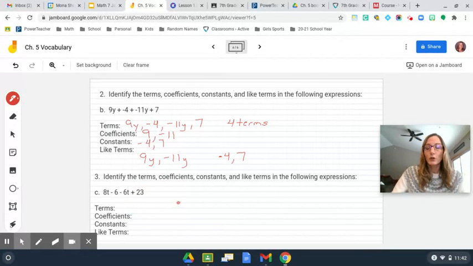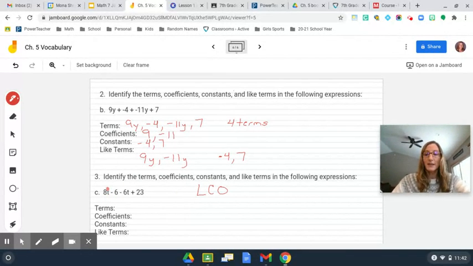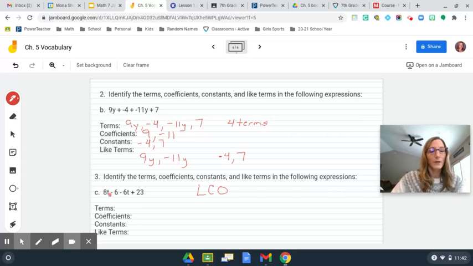You remember with your integer rules that anytime we see subtraction, we use leave, change, opposite. So I'm going to write that next to here, LCO. And we're going to actually need to use that this time. So what we're going to do is leave the 8t all by itself. Leave the 8t, change subtraction to addition, opposite, that's a negative 6.